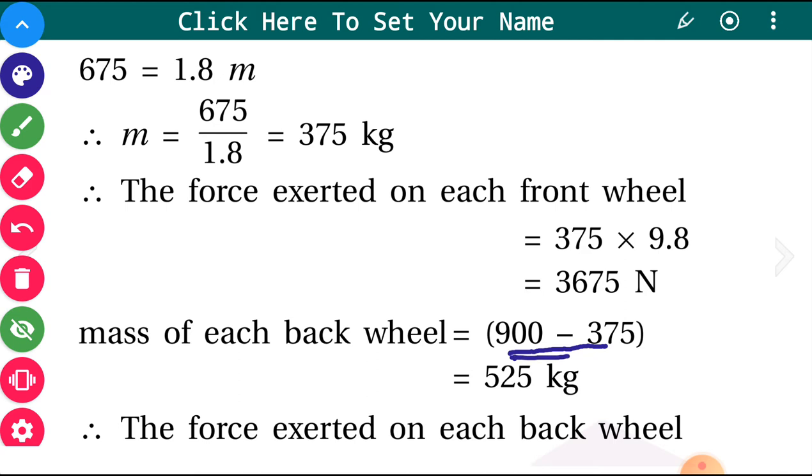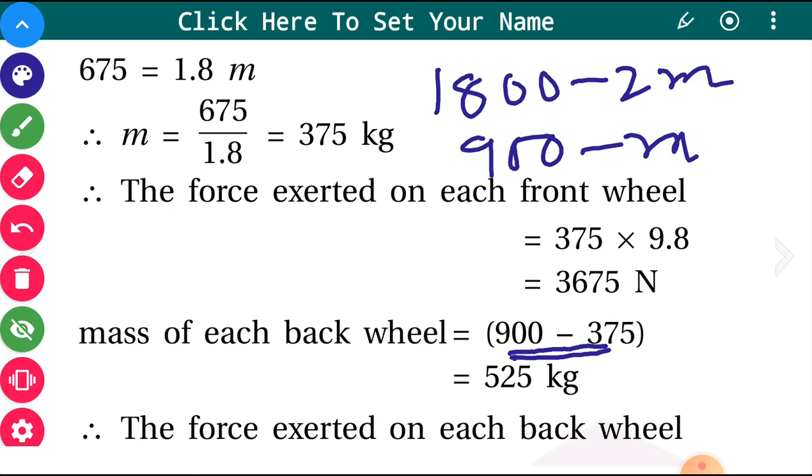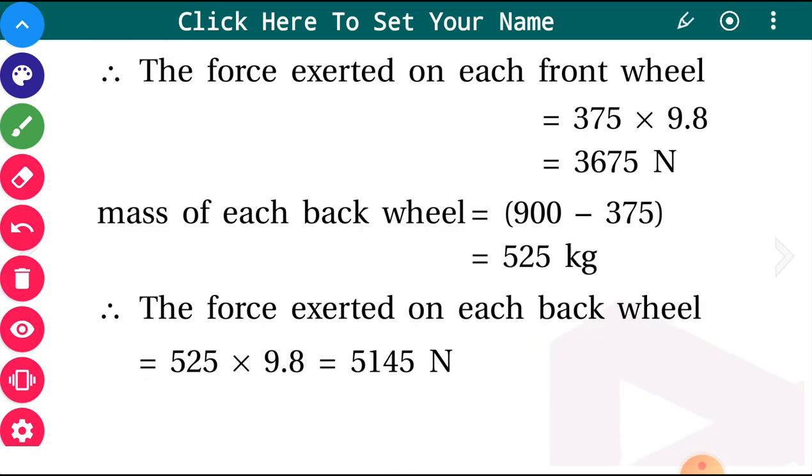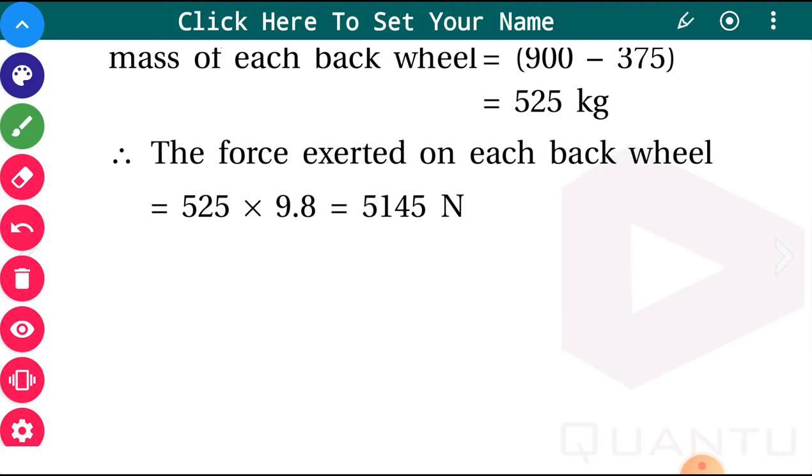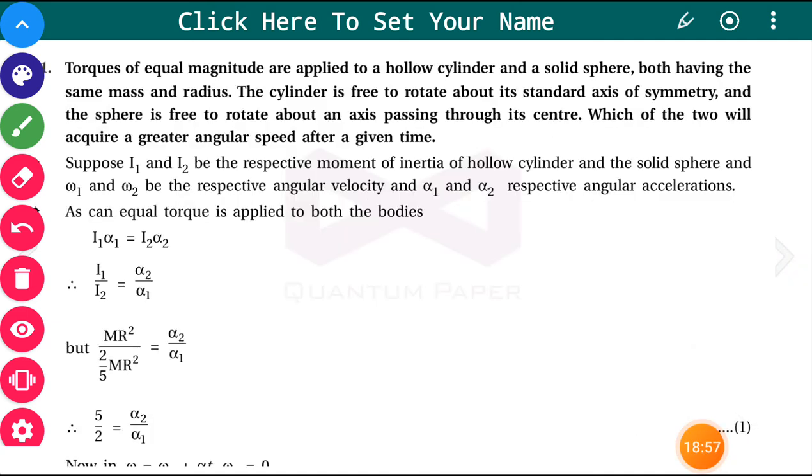It was taken as 1800 minus 2m, so one wheel will have 900 minus m. So it becomes 525, and multiplied by 9.8 will give you the force exerted on each back wheel. Now we will have 7.11.